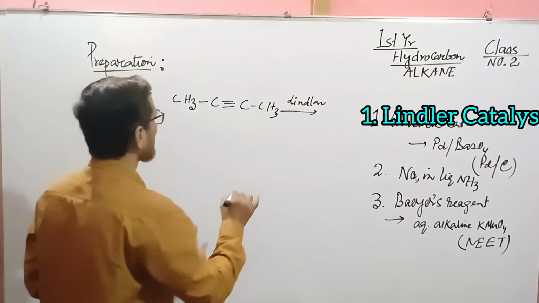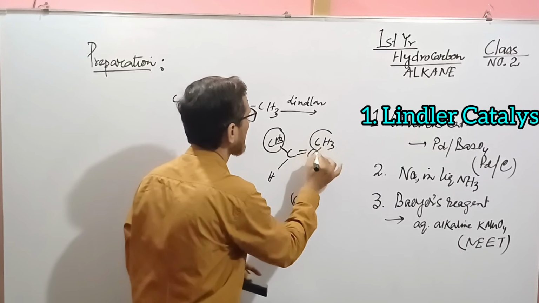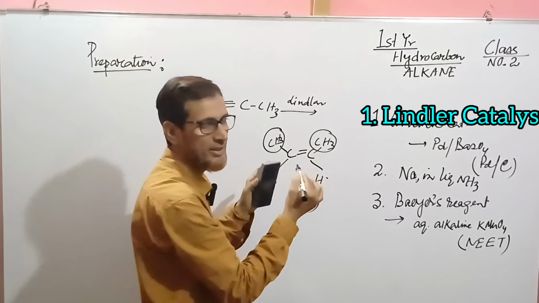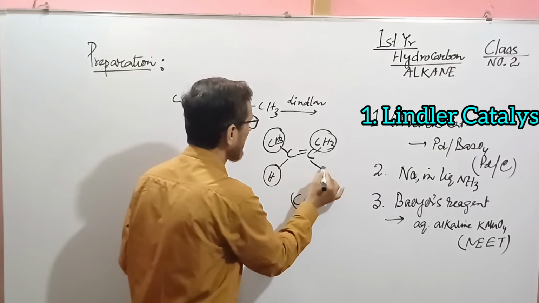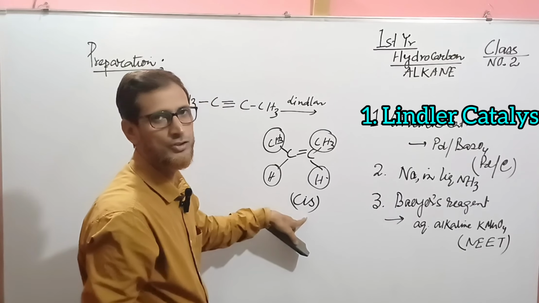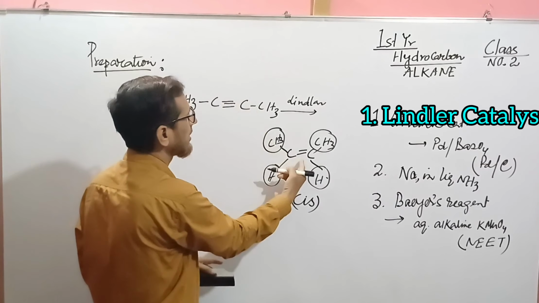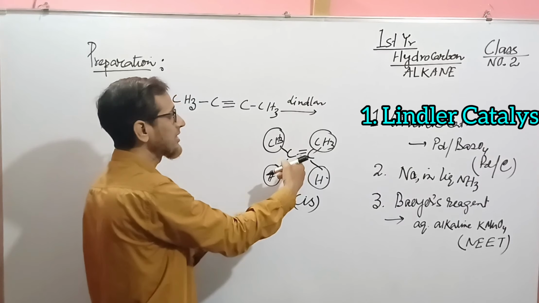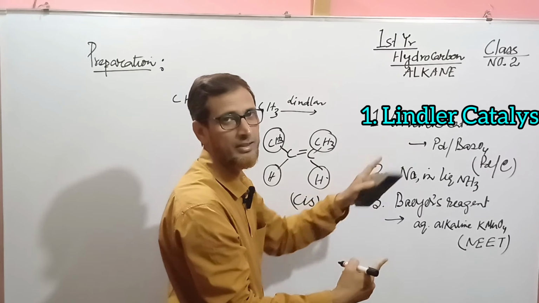One important speciality of this Lindlar catalyst is, first, the addition is cis. Priority groups, which you will get later on, remain on the same side. Second speciality, the double bond is restricted from going to single bond. It doesn't go further on adding hydrogen to give alkane.